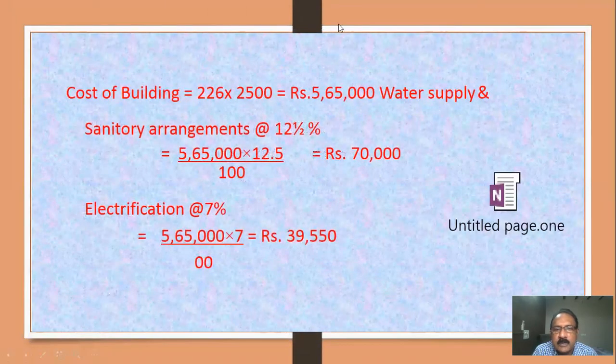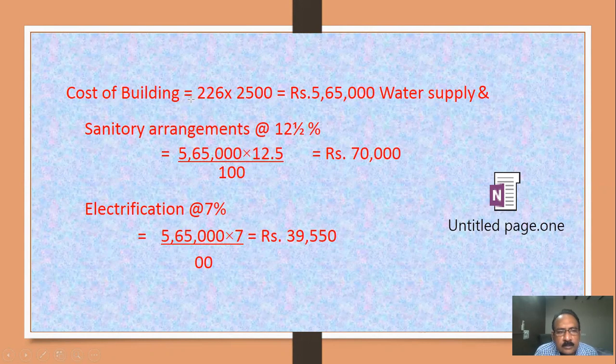First, we'll see how to solve this problem. Now first, cost of the building. How are you going to calculate the cost of the building? Plinth area multiplied by cost of the construction per square meter, that is 2500.